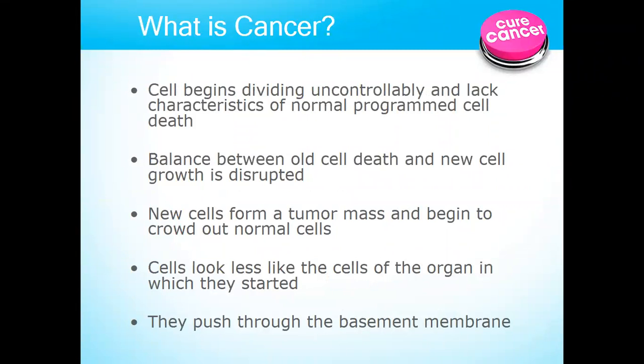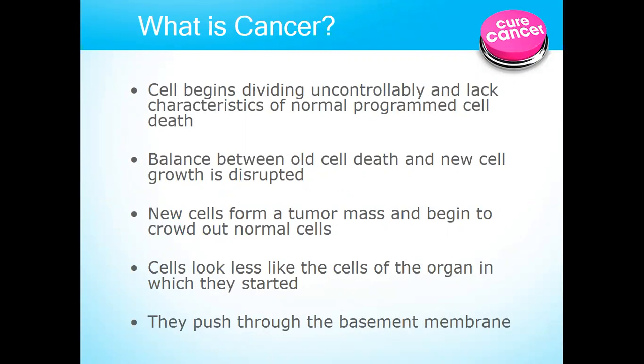Why do these cells start to grow out of control? Cancer starts with a series of genetic mutations in a single cell. The cells begin to divide uncontrollably, and these new cells lack the characteristics of normal programmed cell death.